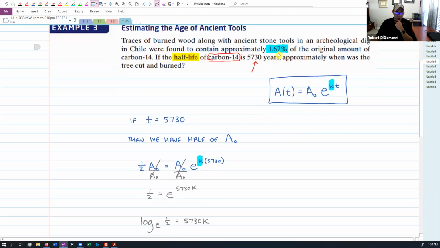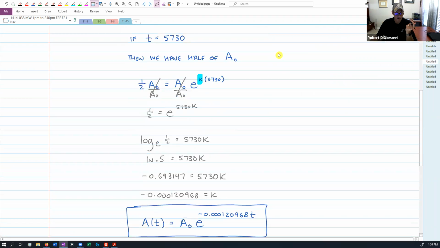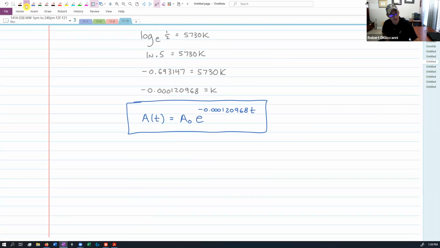So the 1.67% is how much of the carbon-14 we have when we found the bone, right? So on this equation, the amount that I have when I found the bone is 1.67%. I'm going to convert that over to a decimal. This should be equal to, well, how much carbon-14 was there at the very beginning? This is a key to the problem right here.